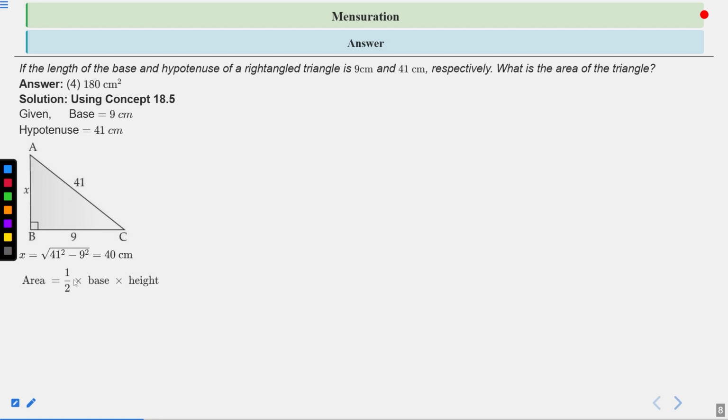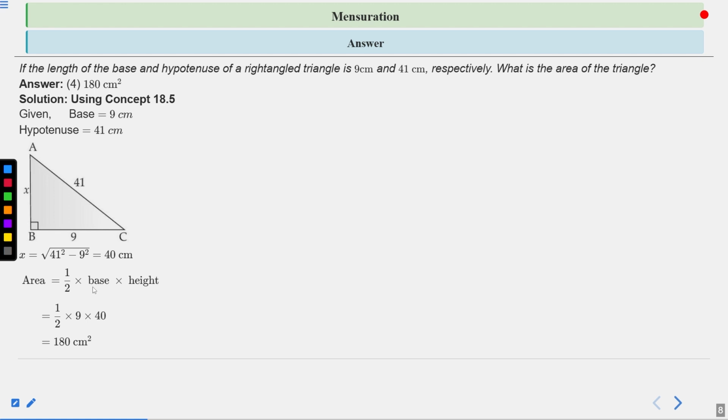Now we need to calculate the area. So we use the formula 1 by 2 into base into height. So 1 by 2 into 9 into 40. The 2 cancels out with 40, 20 times. So 20 into 9 becomes 180. So we get 180 square centimeter. Fourth one is the correct answer of this question.